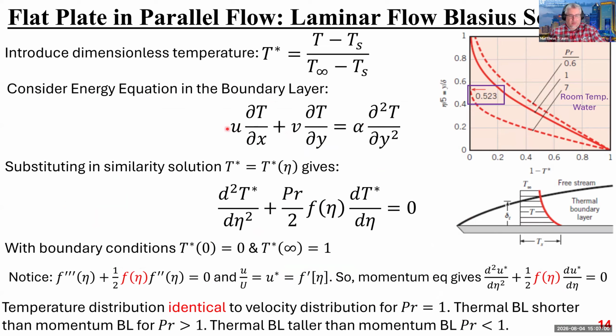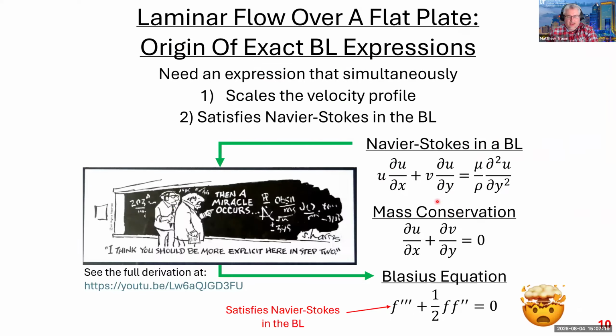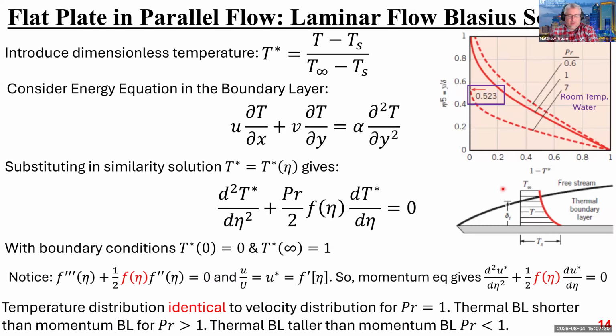So this is the energy equation. I want to compare this one to this one, and notice I've got u du dx, v du dy, second derivative of u with respect to y squared. Same thing is true here.